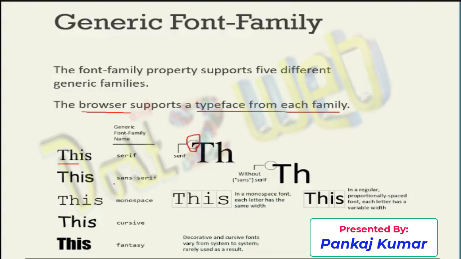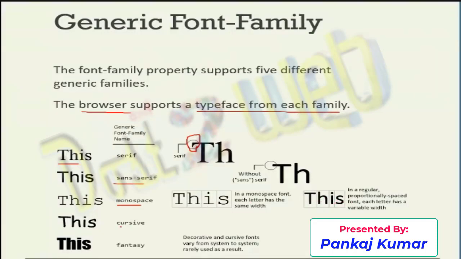When you give sans serif, you can see that without the serifs it becomes a normal T. When you give monospace, each letter will have the same width. You can see that in the box it has defaults. If you use regular, you can see it's proportionally spaced, and each letter has a variable width.